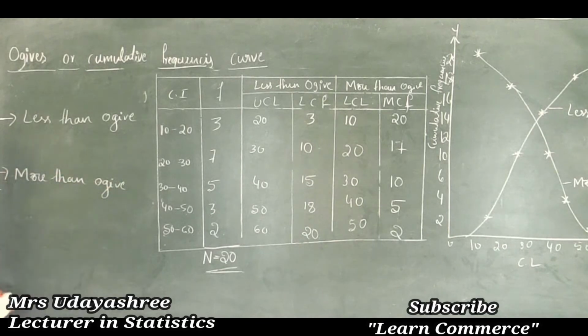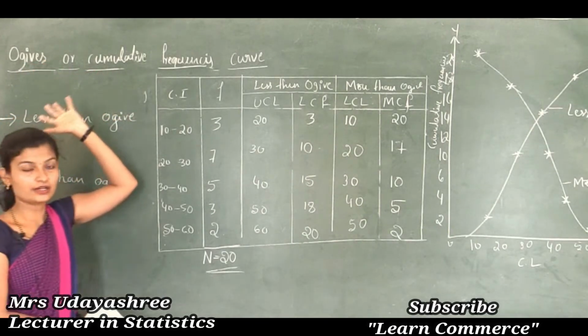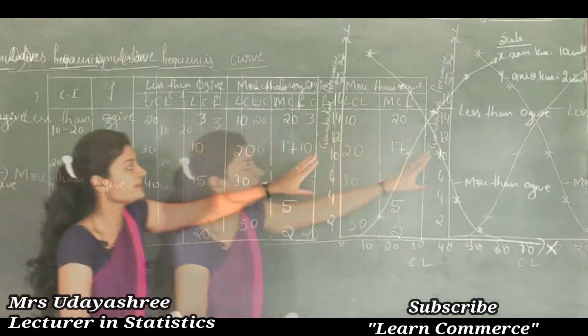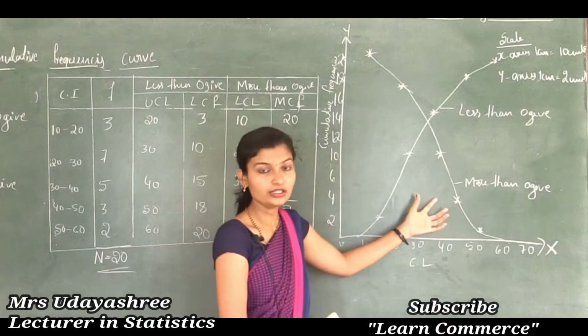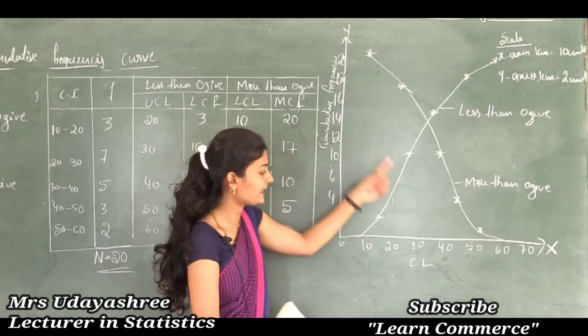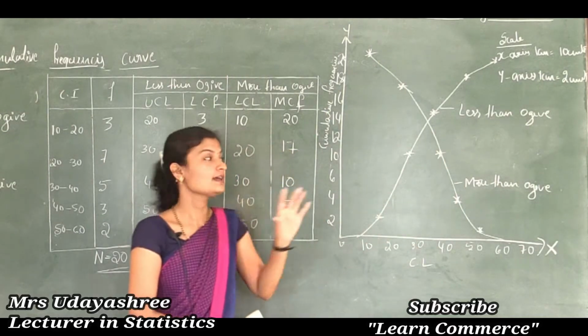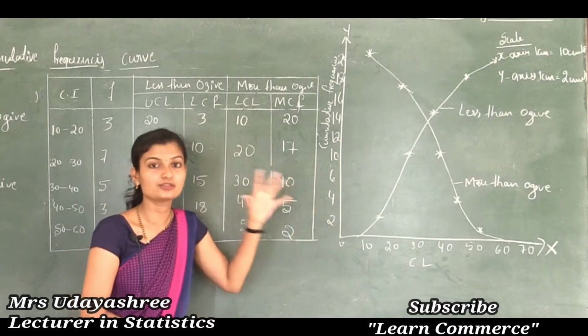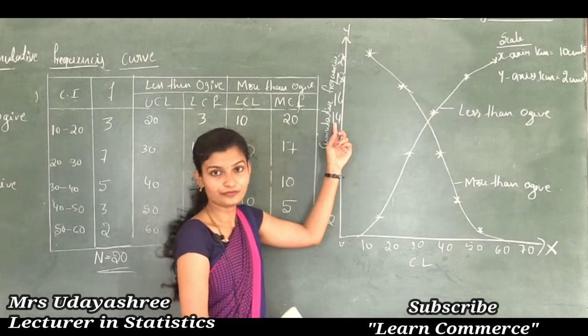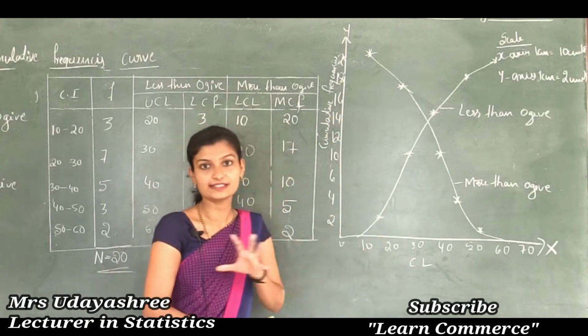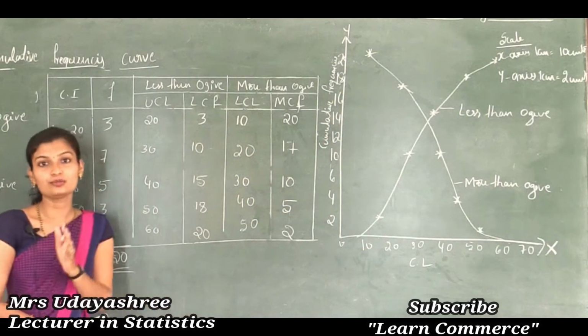Okay, now first of all, what is ogive or cumulative frequency curve? See, ogives, these are curves, isn't it? So here curves are drawn for cumulative frequency against class limit, that is ogive or cumulative curve.